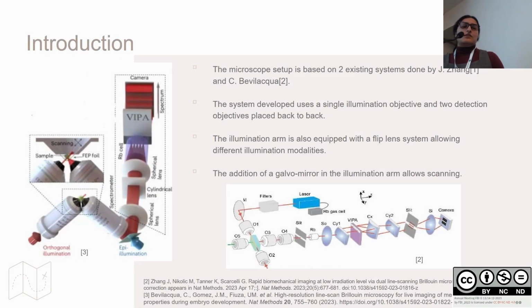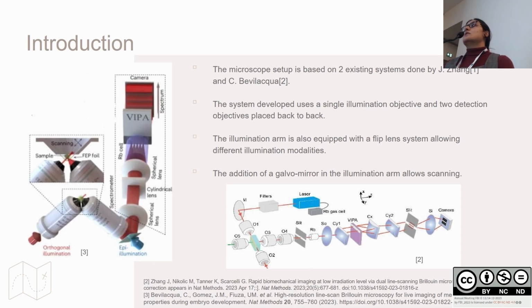Okay. Now, coming to my project, to give you an introduction, the setup that I'm using is similar to two setups that have already been developed by Zhetao Zhang in the US and by Carlo at EMBL Heidelberg.